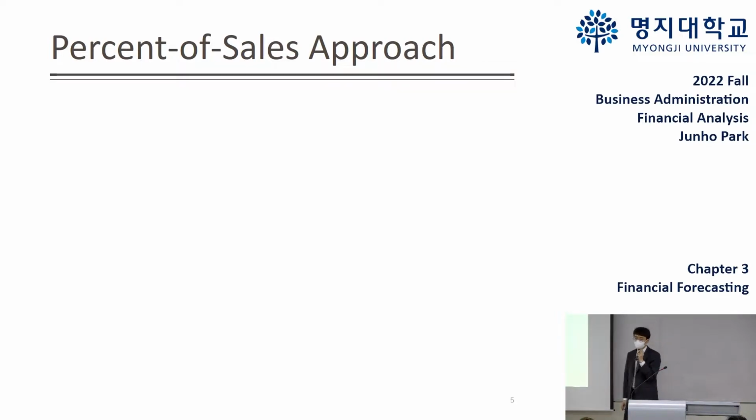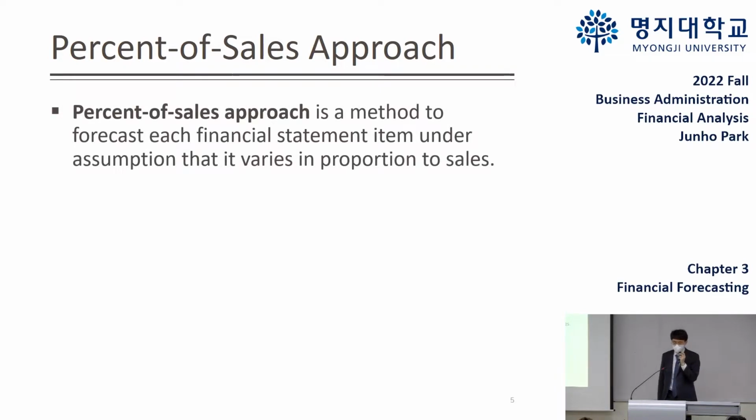So we now know the purpose of financial forecasting, and then how can we do that? The methodology commonly used in reality is called the percent of sales approach. As the name implies, the percent of sales approach treats all balance sheet and income statement items as proportional to sales.